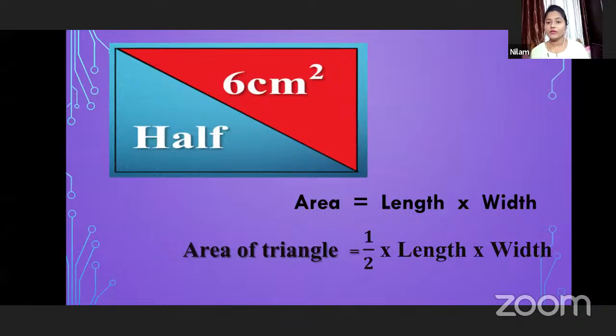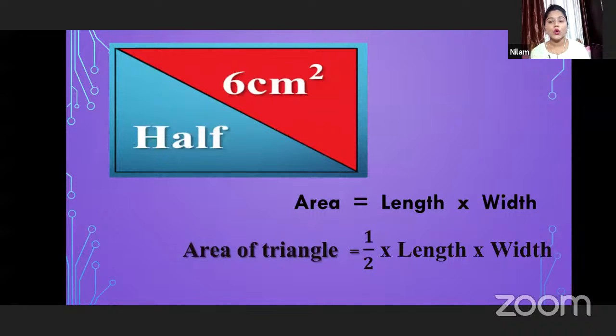From the last example we have seen, the area of the rectangle was 12 square centimeter. And when we divided it into two equal parts, the area of each portion became 6 square centimeter. See on the screen, the figure colored in red is half part of the rectangle. And the half part has become 6 square centimeter.